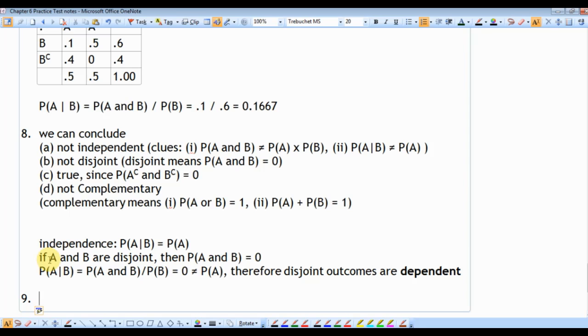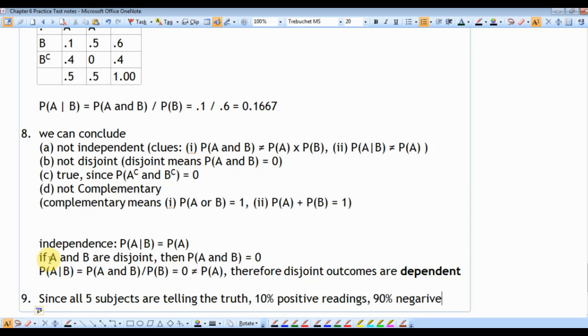Okay, the big thing that's going to help you here is to know that they're already telling the truth. So we're looking at that first one, a positive reading 10% of the time, since they're telling the truth. 10% of the time we're going to get a positive reading. 90% of the time we're going to get a negative reading.